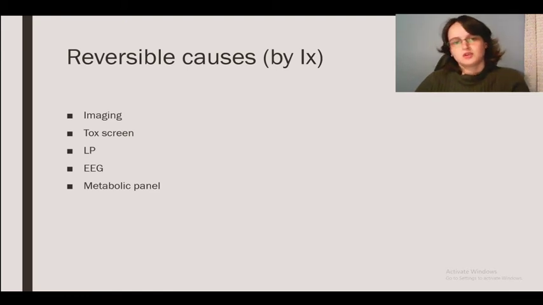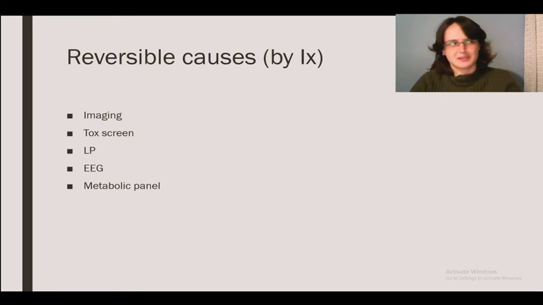Okay, so on imaging, chuck them in a CT, look at their brain, and you could see a brain bleed, tumor, an abscess. Image them, look in their brain. If you think that they have been poisoned or they're intoxicated or something like that, then you run a tox screen. If they have a CNS infection, they're going to need an LP and some IV antibiotics, please, until you've cultured the LP.